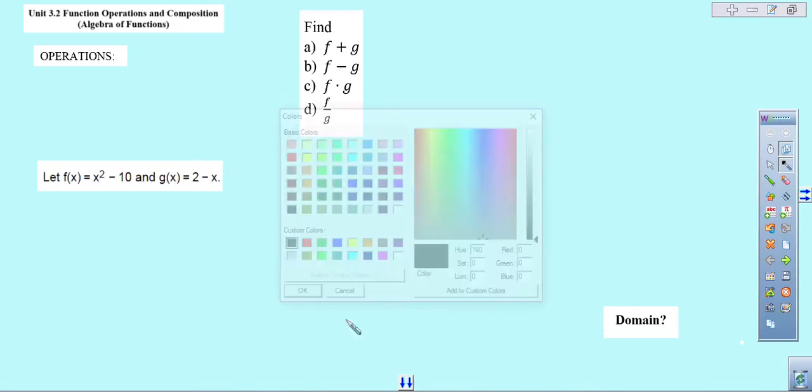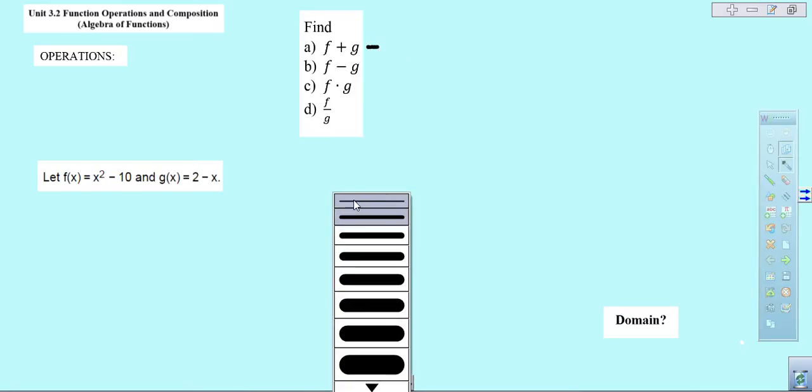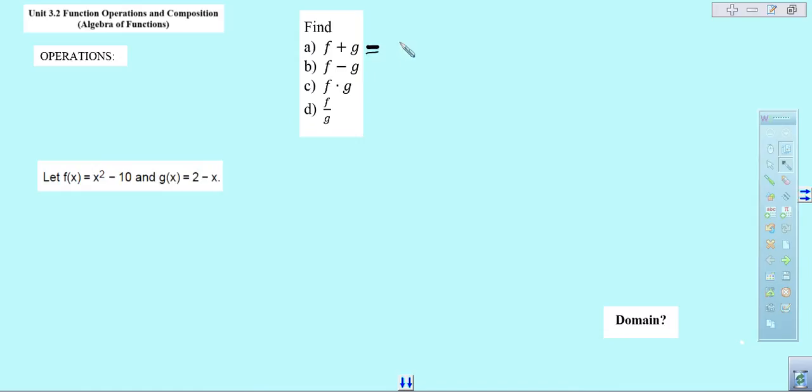For example, the first one would be the equivalent of someone saying, okay, I want to find f plus g of x. That means we're going to take f of x and add it to g of x.